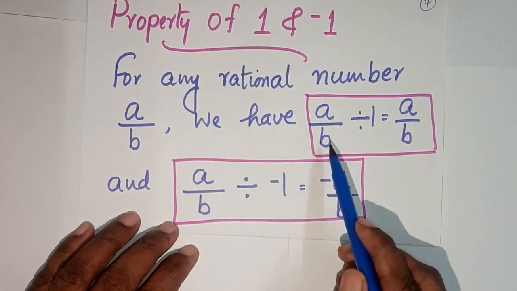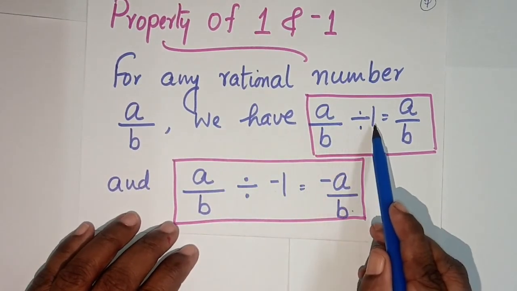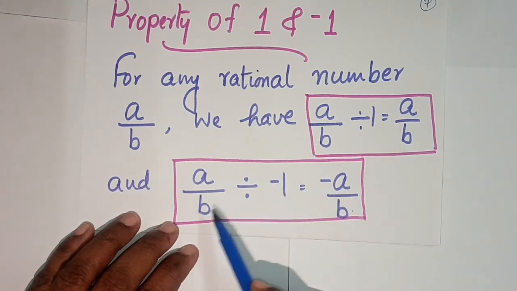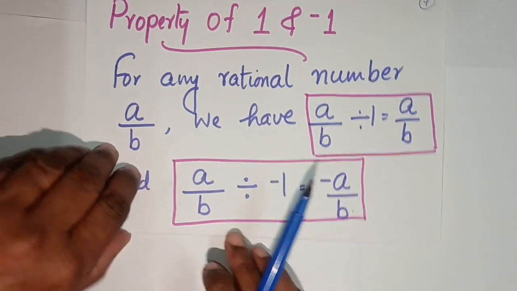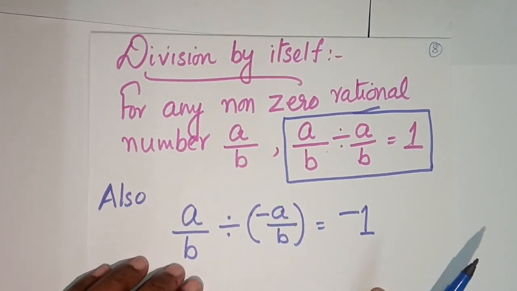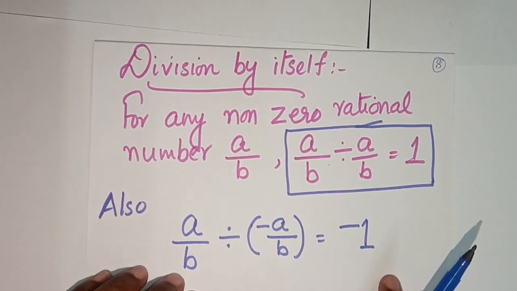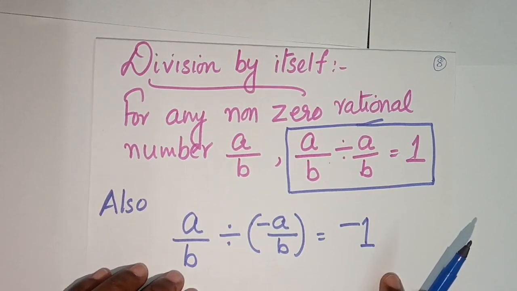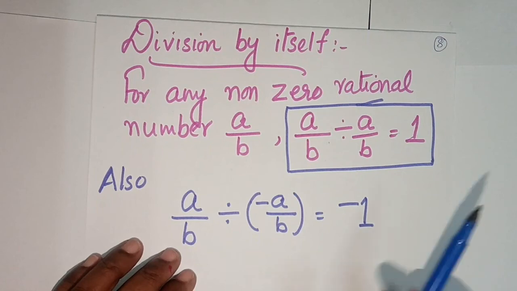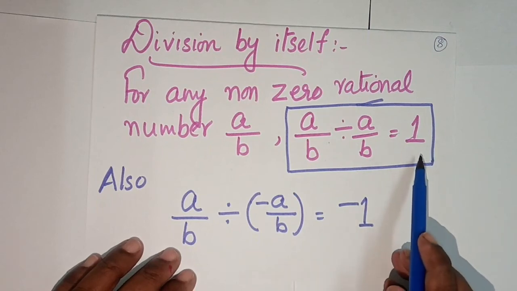That is, if a by b is divided by 1, we get a by b, and when a by b is divided by minus 1, we get minus a by b. Another property is division of a rational number by itself. When we divide any rational number by the same rational number, we always get 1.